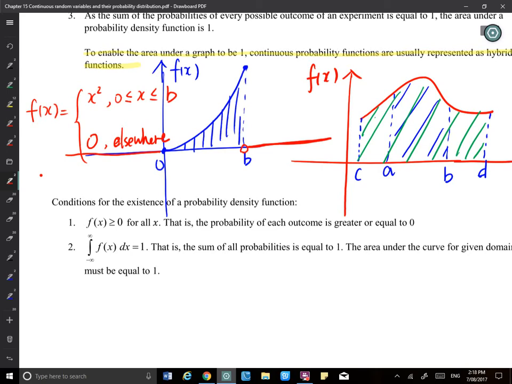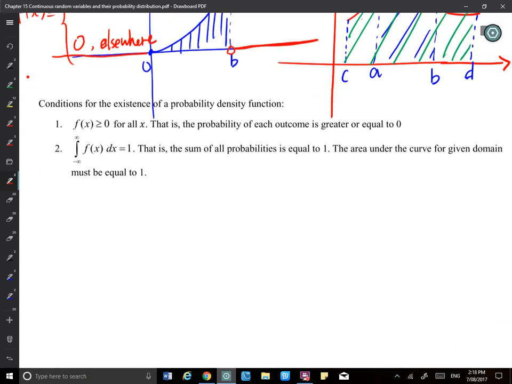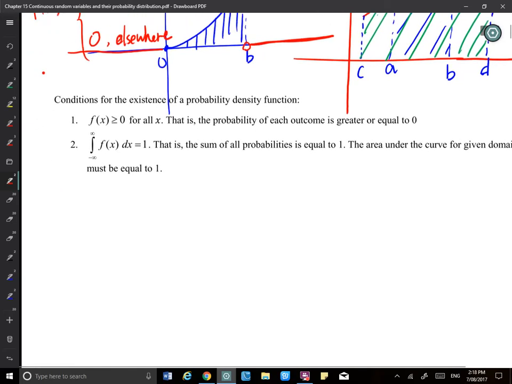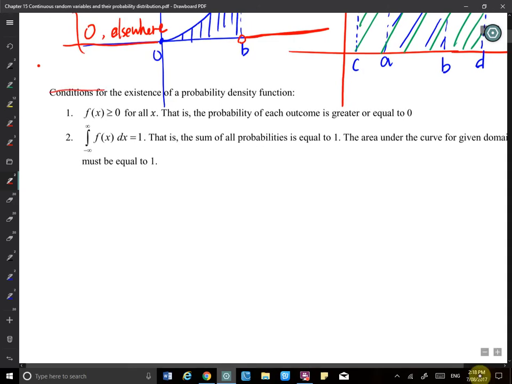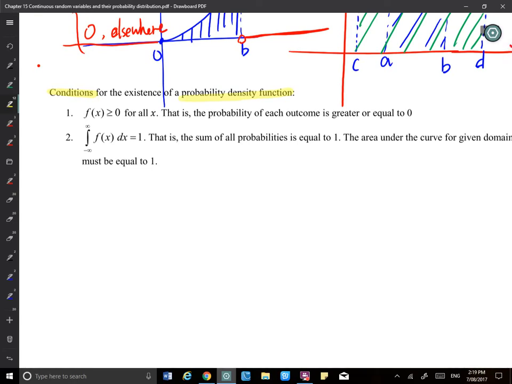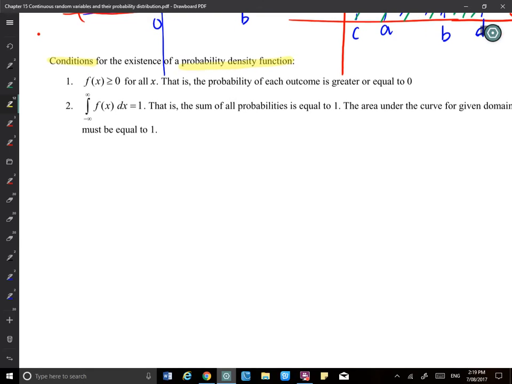We have conditions to check whether this is a probability mass function, as before, and we also have conditions to check whether this is a probability density function for continuous. We can check for discrete and we can check for continuous.